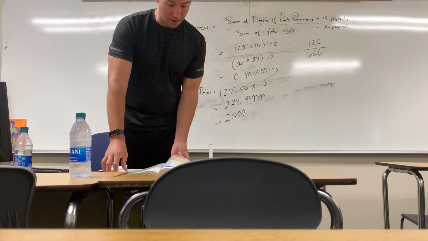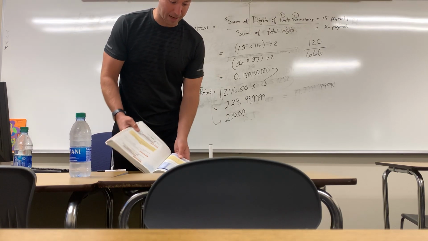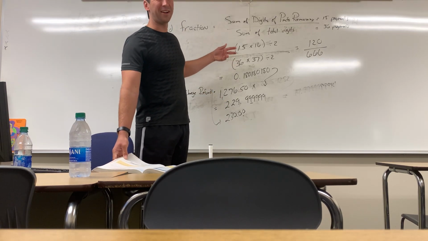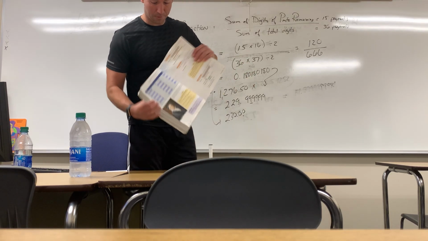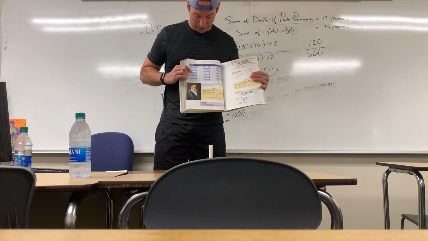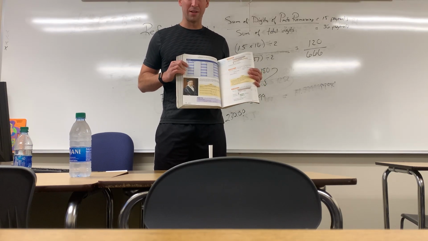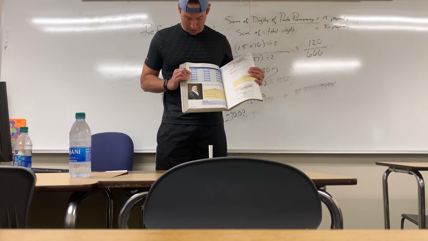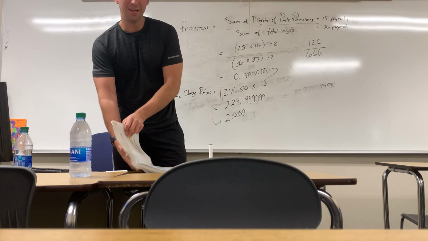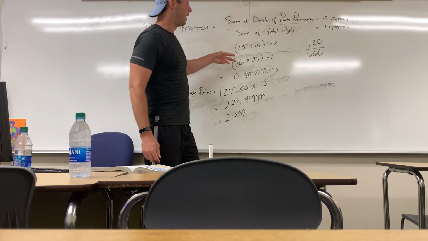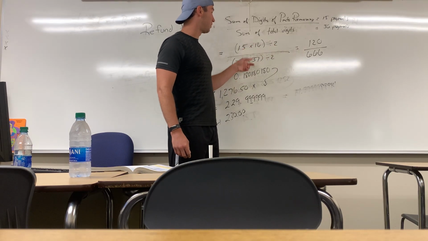If you actually look over here, they give you a handy little table. Instead of having to do this calculation, you technically don't have to do it. If you pull up this table right here on page 436, it actually gives you the sum of the digits of months from 1 month all the way up to 60 months. And that basically would allow you to do this part and give you these answers without going through this process.